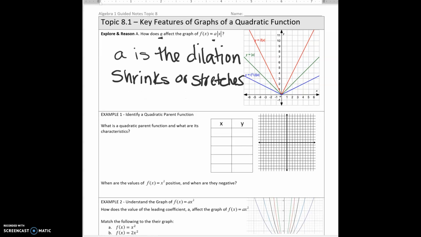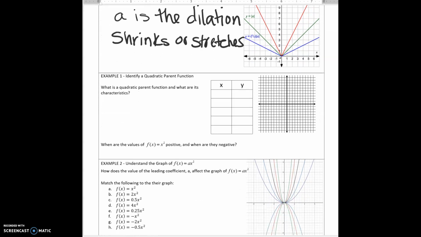Okay, so then moving on down, we have our first example, and it's asking what is the quadratic parent function and what are its characteristics. Before, we went ahead and plugged in some numbers. We plugged in -2, -1, 0, 1, 2.